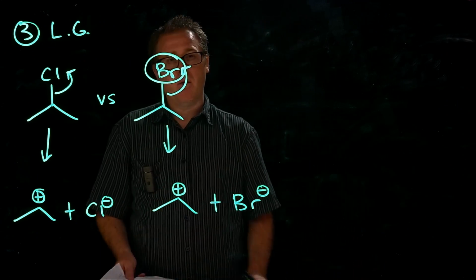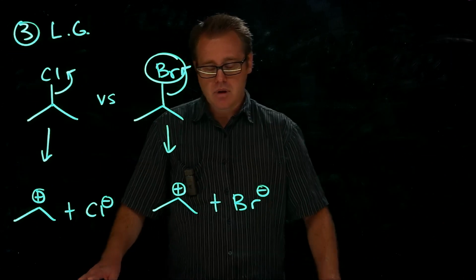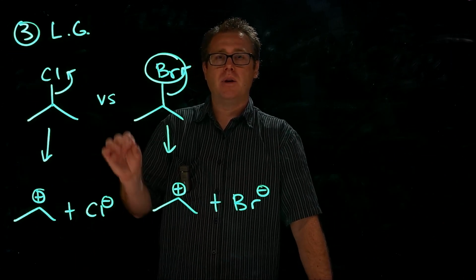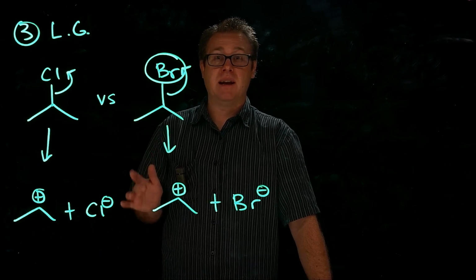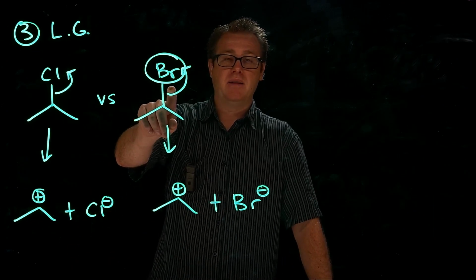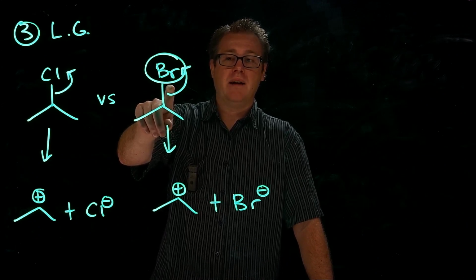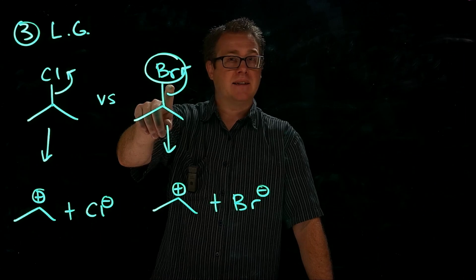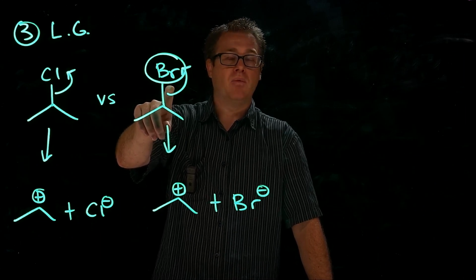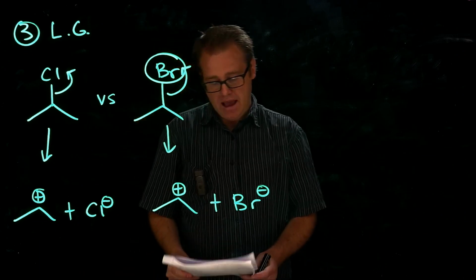But now I want to take a look at which mechanism the leaving group ability affects the most. So the leaving group ability of this bromine right here, would it affect the rate of an SN2 reaction more or an SN1 mechanism?